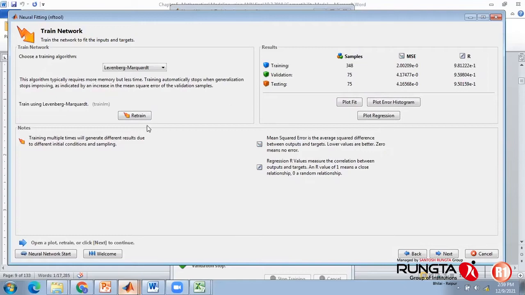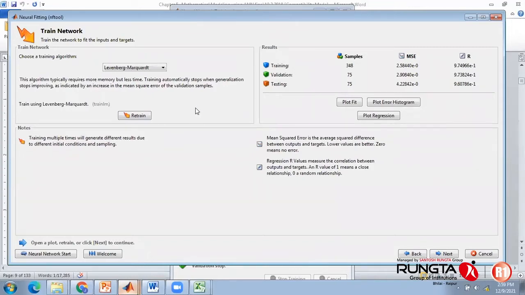Error is on a higher side. Let me retrain it again. Now this reduced down, this increased, this increased. But on this side, 0.979, 0.963, 0.95. So iteratively, or maybe within a specific time frame, you can retrain this neural network.